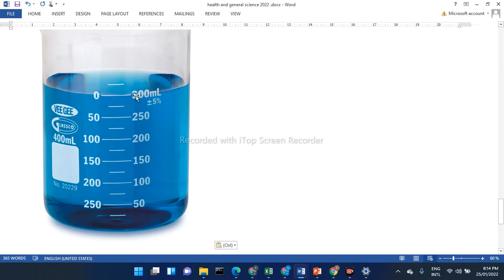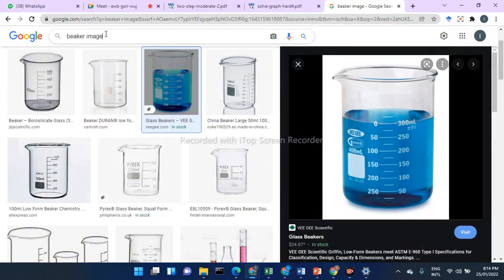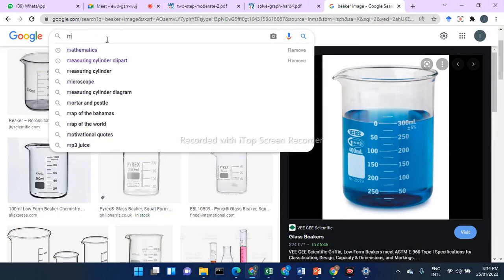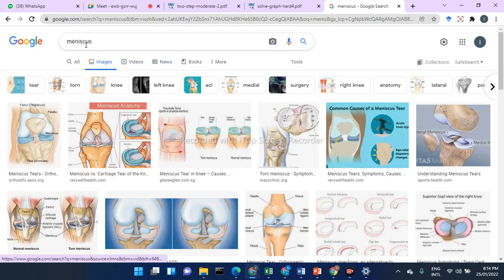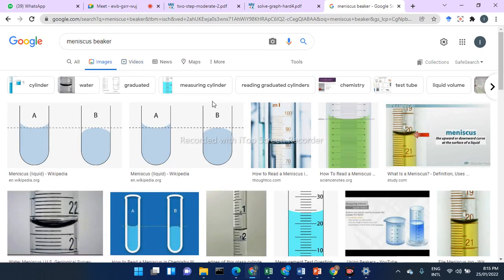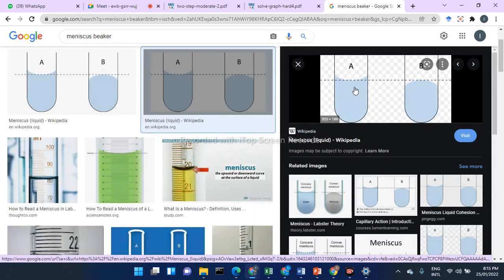All right. They like to bring questions like this, at least for physics. I don't know if they do it for general science, but they like to ask this question: where would you read it? So when you're reading a beaker or a test tube, whatever, the liquid is going to form a C shape, like in this one.